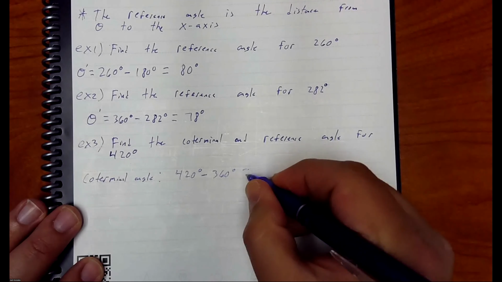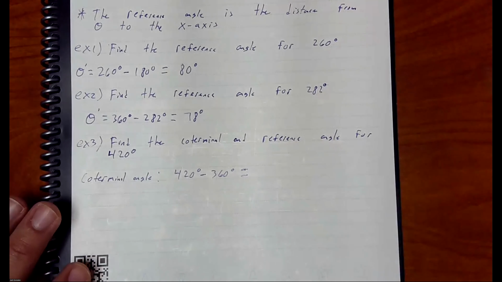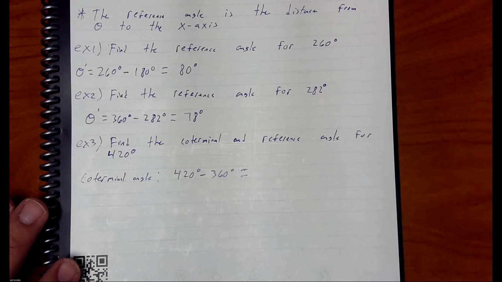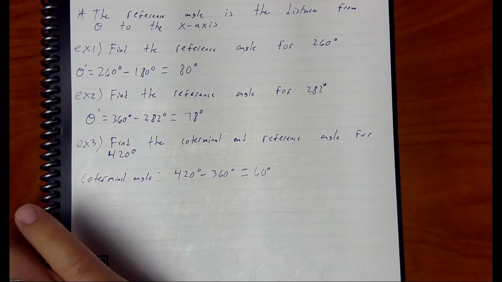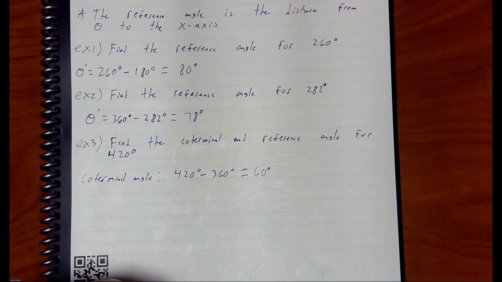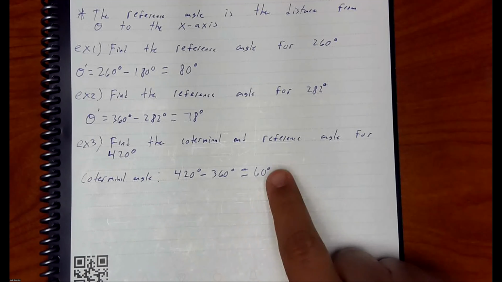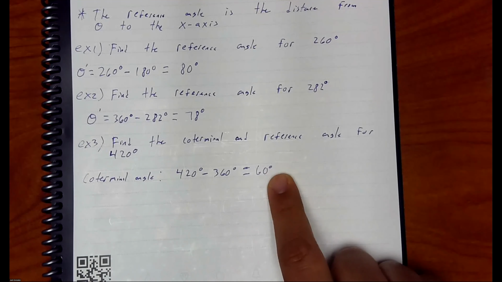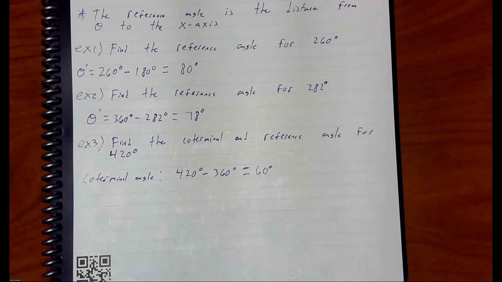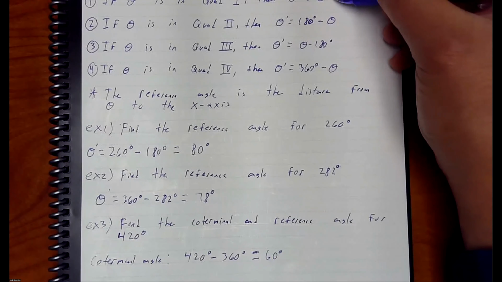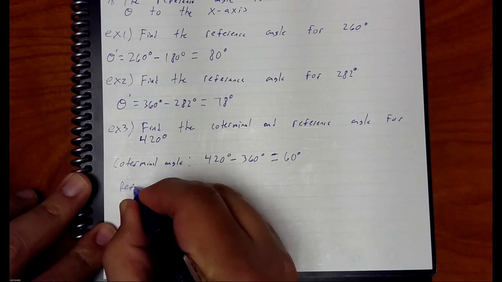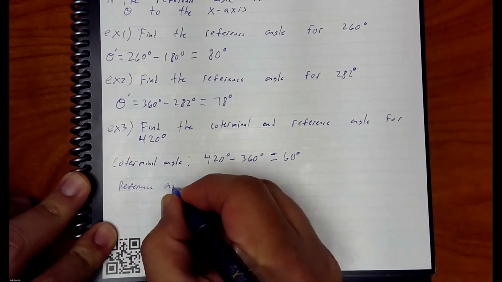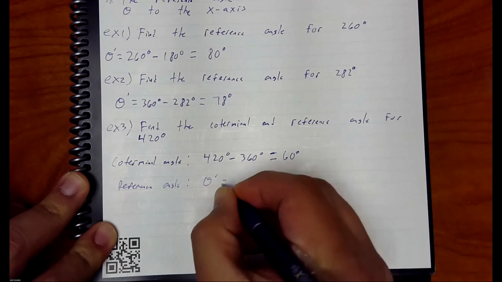So what is that going to be? 60. So that's the coterminal. Which quadrant is 60 in? One. If it's the first one, then the reference is the same as that angle. So the reference is simply going to be itself.